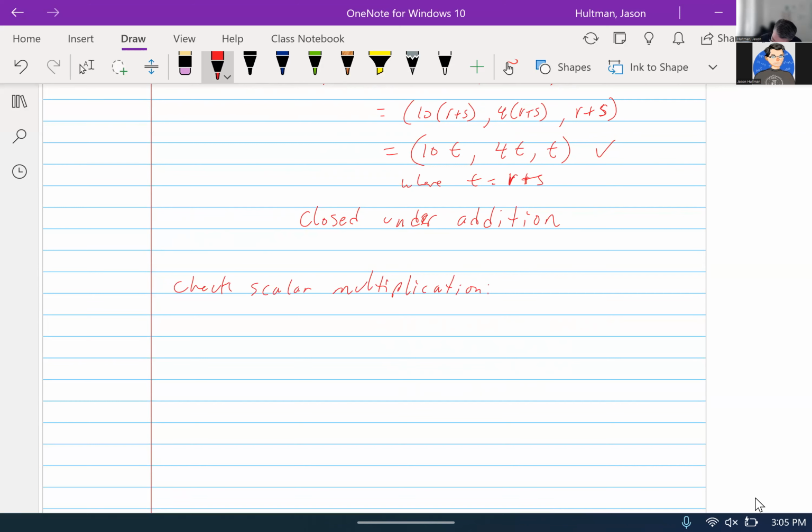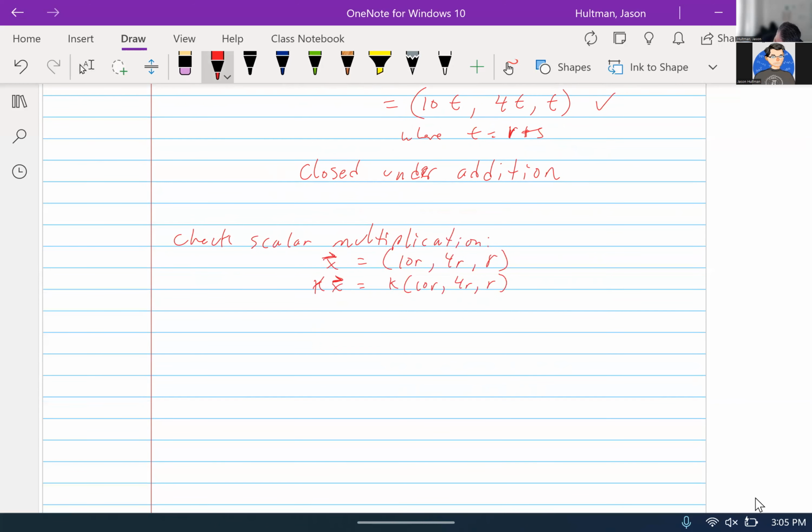If I take x in this case, we're going to do the same thing where we let the variable be equal to R. So we've got 10R, 4R, and R. And then we want to do K times X. That's going to be K times 10R, 4R, and R. That's going to be equal to 10 times KR, and then 4 times KR, and then KR.